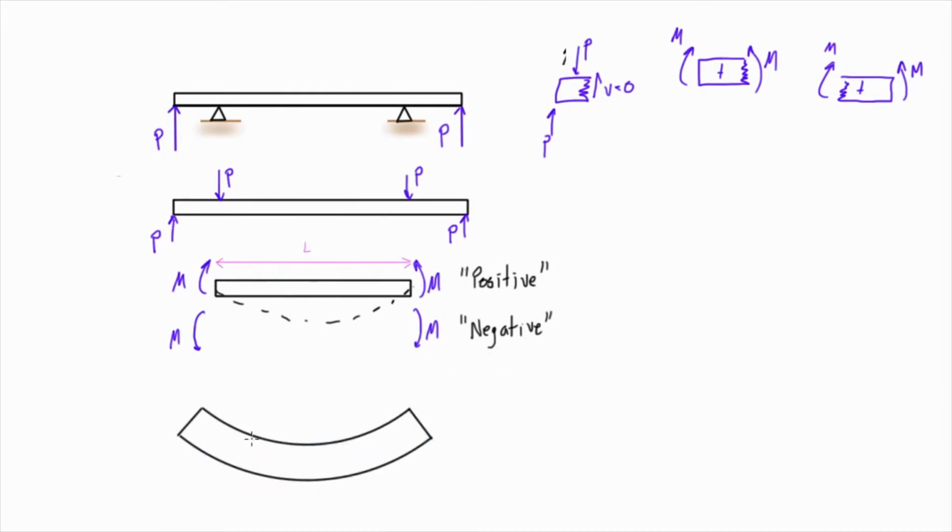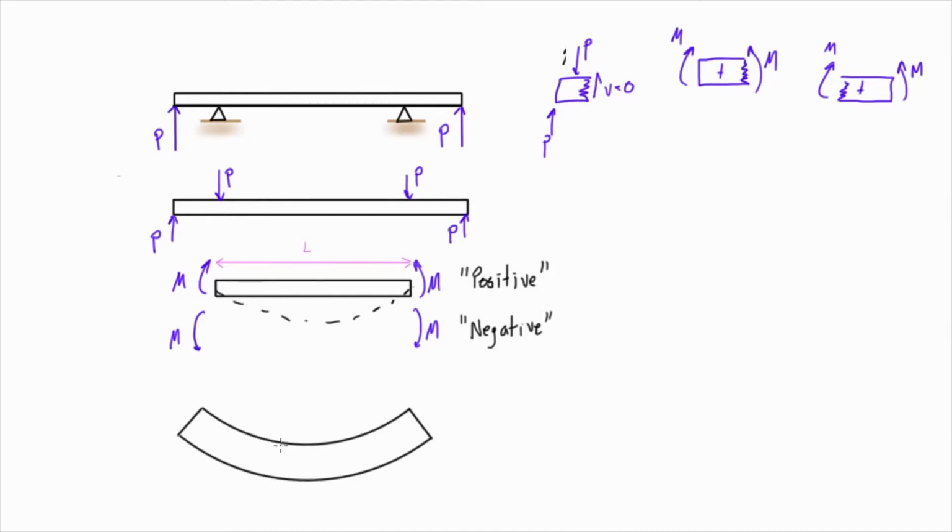But if we bend an object with actual depth like this, you can see that the top line here is shorter than this line. Basically what we've done is we've taken an original length of L, and the top has compressed a little bit and the bottom has stretched out a little bit to get this final shape.